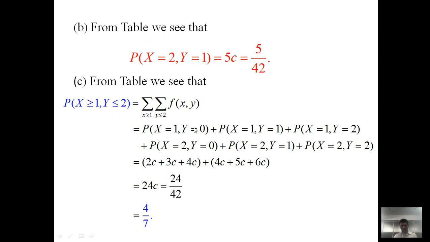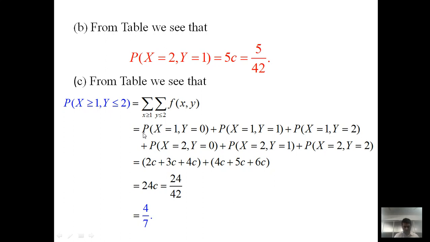So first one x=1, y=0, second one x is 1, y is 1, third one x=1, y=2, and we have to find the probability of each and every one, plus the probability of, now just replace x=1 with 2, the combinations of y as it is, so x is 2, y is 0, plus the probability of x is 2, y is 1, plus the probability of x is 2, y is 2.